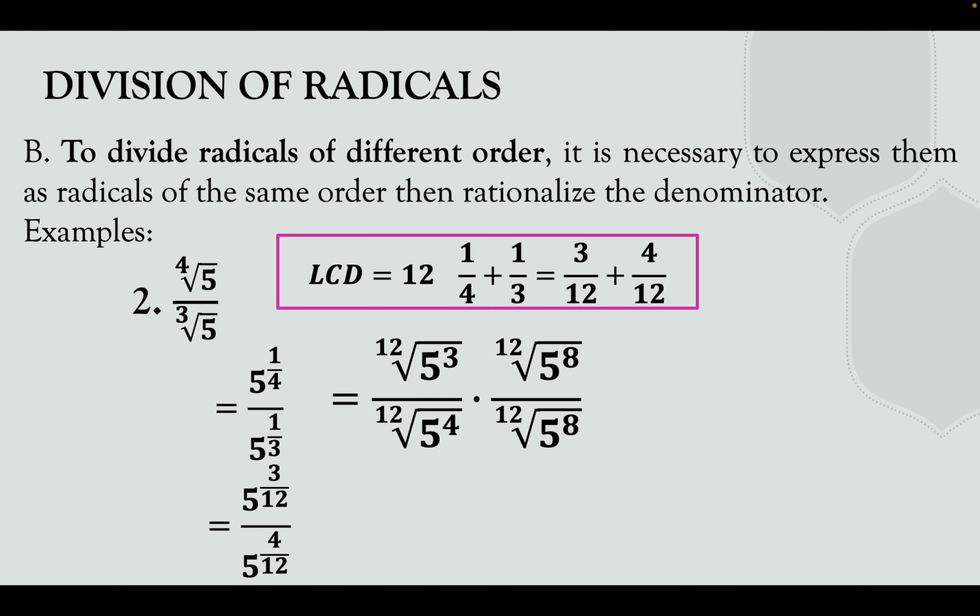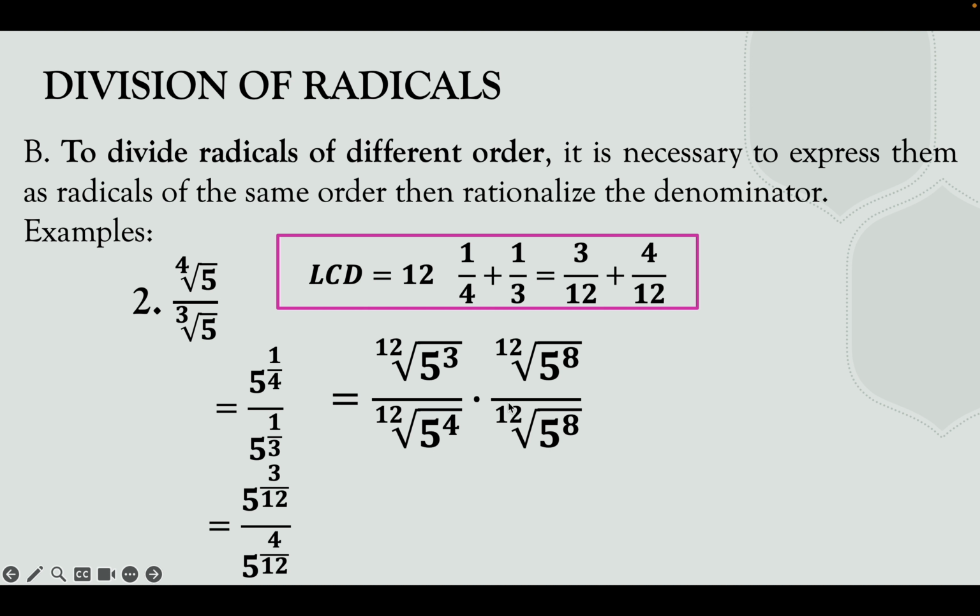So change that into radical form. So we have the 12th root of 5 raised to 3 over the 12th root of 5 raised to 4. Now, our goal here is that we need to have the same index and the same exponent. So we need to multiply using rationalization. We need to know what the exponent should be so that we can have 12 in the exponent.